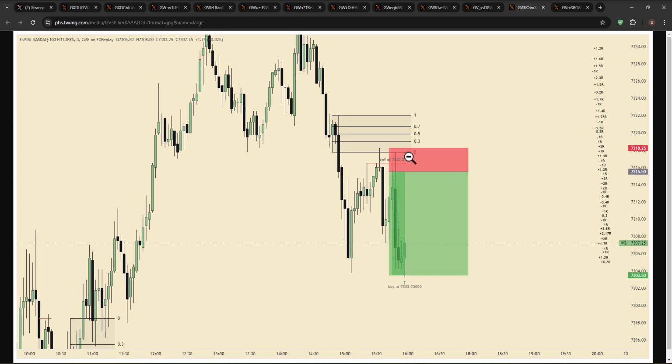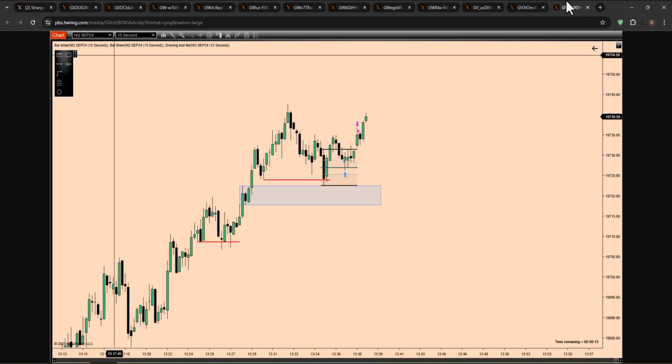Alright, this is from backtesting environment. Here's the sweep with this candle. I wait for it to get broken, price returned back into it, and then taking my entries. Another one, right? A break of structure, returned back, and then traded to the upside.